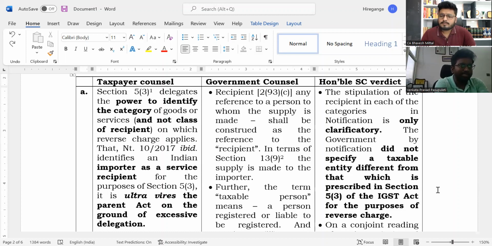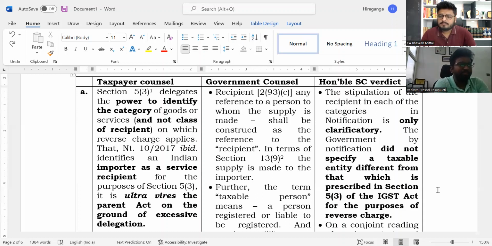Whenever there is double taxation, it has to be specifically provided in the enactment. In the absence of that, the double taxation cannot come by virtue of a notification. This is another important ground on which the Gujarat High Court held that GST under reverse charge is not applicable on ocean freight in CIF contracts. So this is the outcome of the Gujarat High Court decision.